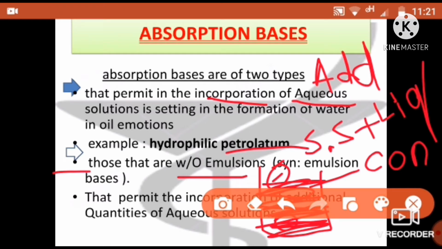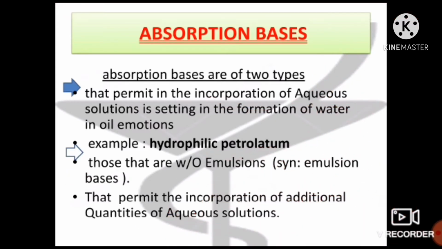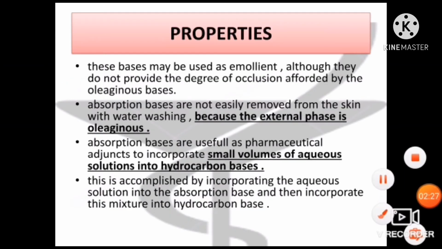What are these water droplets? These are the dispersed phase. Which phase? Dispersed phase. So we call it a W/O emulsion because it is an emulsion in which water may be incorporated. An example of these is emulsion base. This emulsion base has the following properties which we are discussing next.